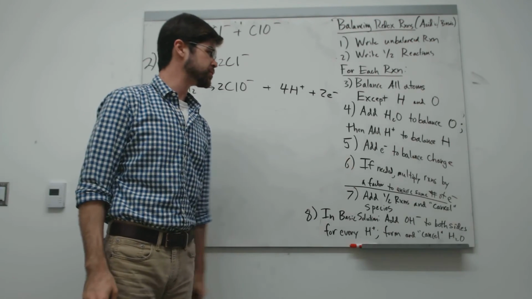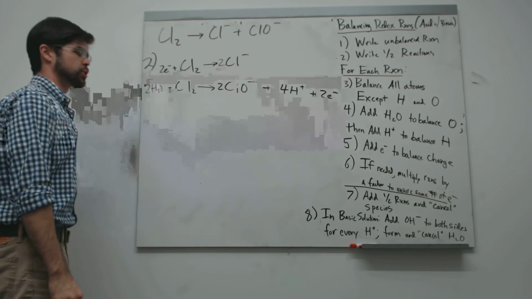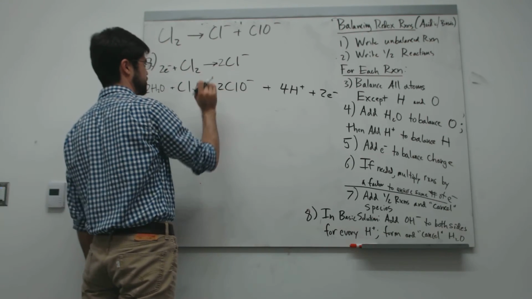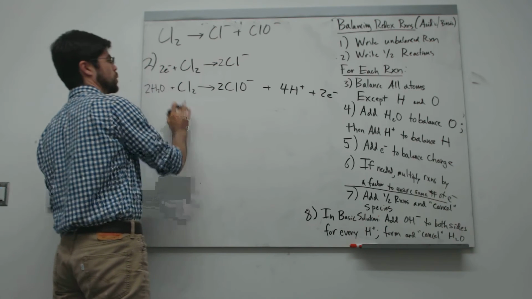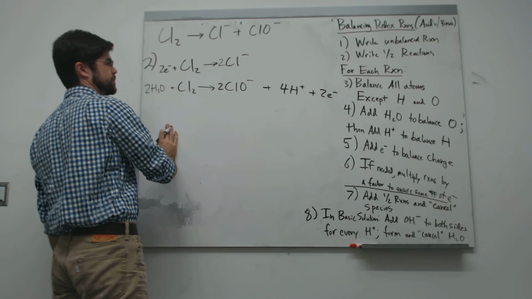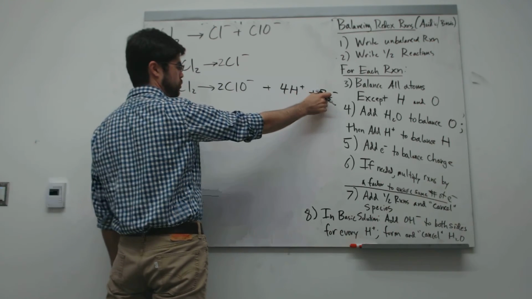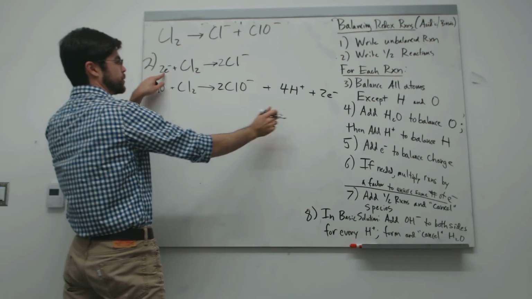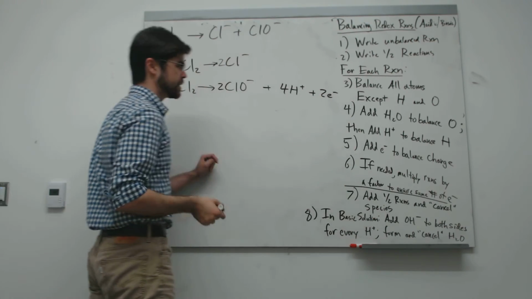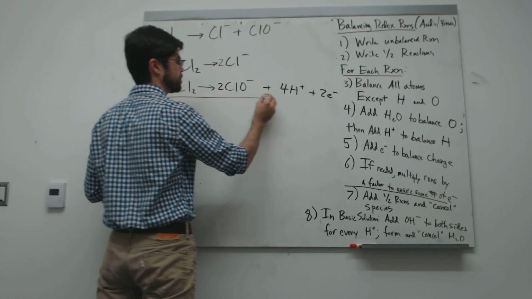Step 6, if we need to, multiply to make sure that we're transferring the same number of electrons in my reduction and my oxidation steps. So I'm gaining 2 electrons from the chlorine in this step, and over here I'm losing 2 electrons from the chlorine, so the number of electrons is balanced, so step 6 here is unnecessary.